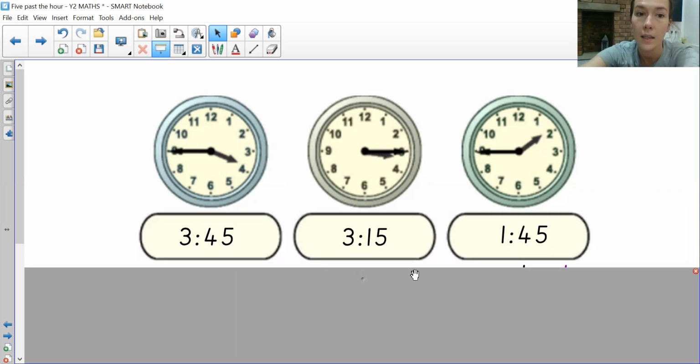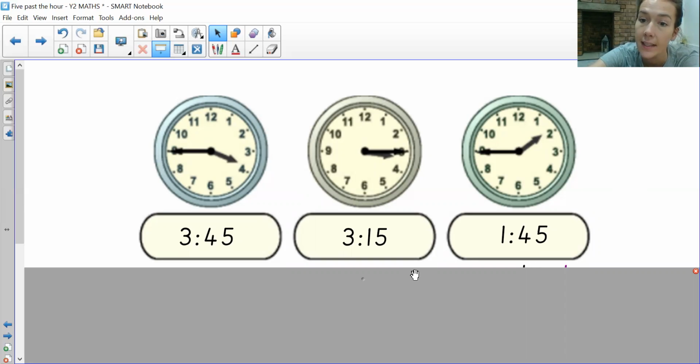If we are looking on the digital clock, which is quite similar to what we always use nowadays, like on your computers or your iPhones, we do tend to use these a little bit more. The first clock, 3:45 or quarter to 4. The second clock, 3:15 because it's 15 minutes past 3 or quarter past 3.